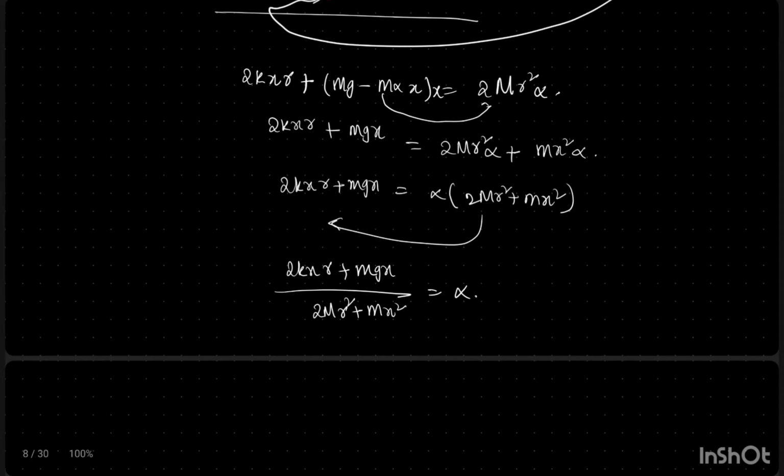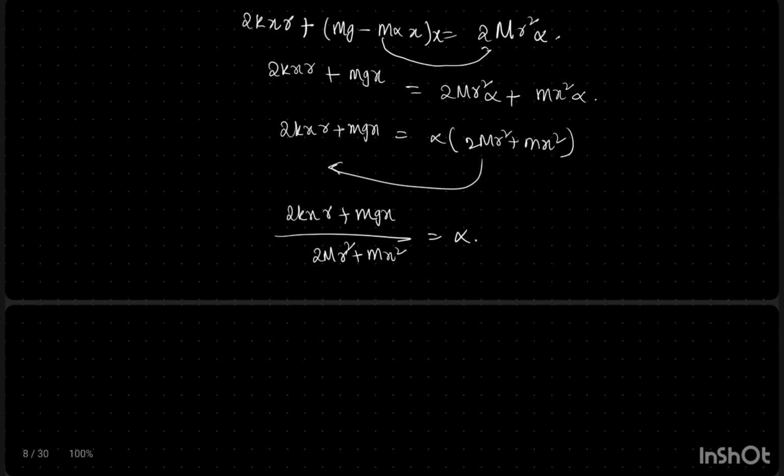Why alpha into r is equal to acceleration, I think you must know the concept if you are watching this. If you don't know, I'll make another video on it. So taking x common out and multiplying it with r, 2kr plus mg over 2m r square plus m x square equals alpha into r, which is acceleration.